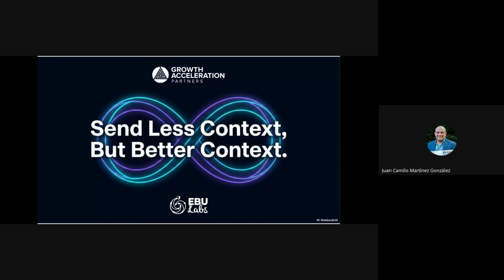Yeah, it's just a comment about the context. I think another important thing to take into account when we want to optimize context is something that I call the invisible context. Sometimes we think that the context is just the current message, right? But also the attachments and maybe the session history. However, what many people don't realize is that there is a lot of invisible context being sent as well.